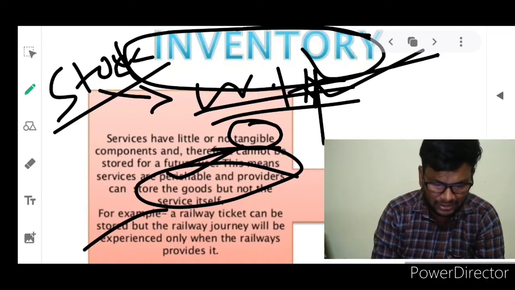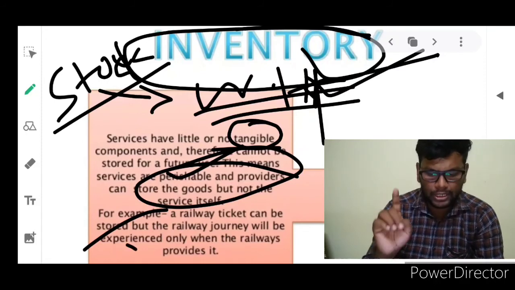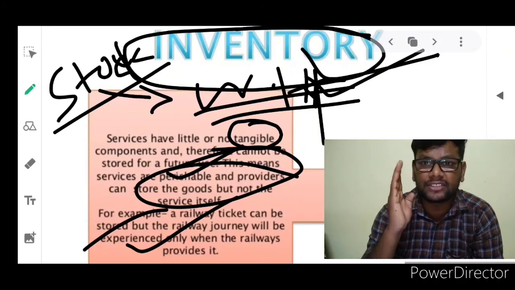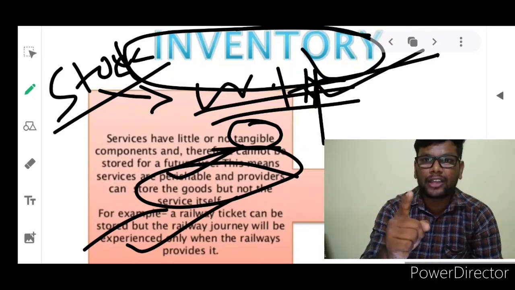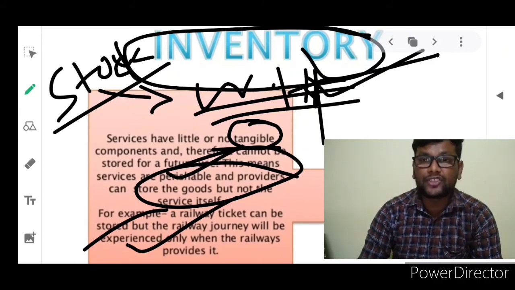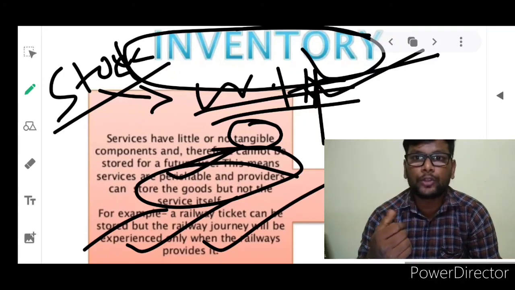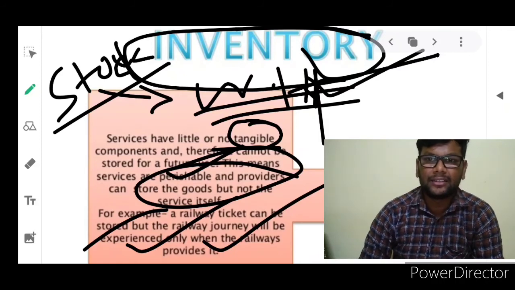But the railway journey will be experienced only when the railway provides it. When our Indian Railway provides the service to you in exchange for your money, only that time can you enjoy. When you are getting the ticket and you are traveling, only that time can you enjoy. And if you wanted to watch movies in theaters, you have to pay money, 130 rupees or 50 rupees, then only they will allow you to enjoy the service for 3 hours.